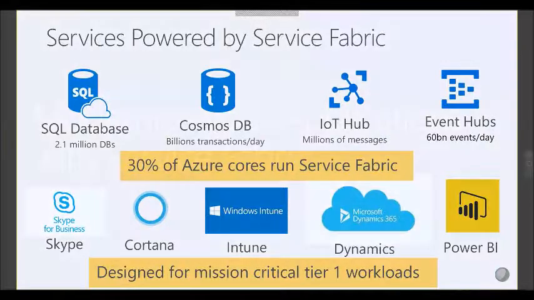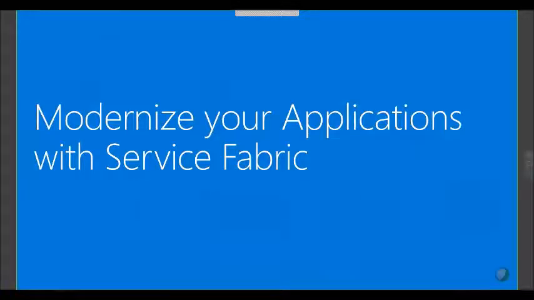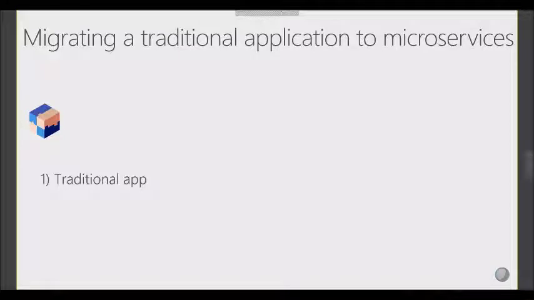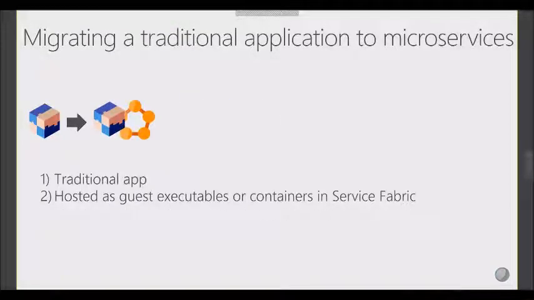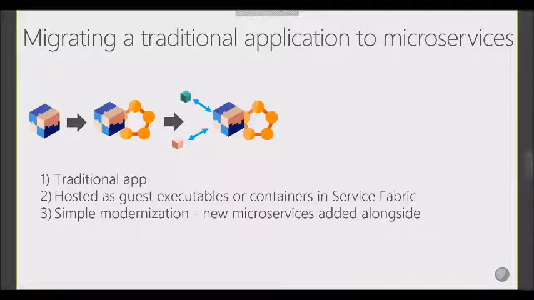So how can we use it to modernize our application development? There are several steps. We have a traditional app. We host it, for example, as a guest executable or container, and then we take that application and split out or create new microservices, adding them to the existing application to enrich it with new functionality.